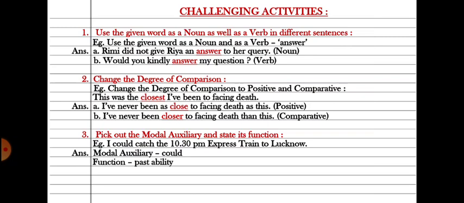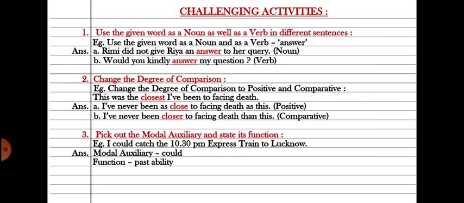The positive degree is used to state the existence of a quality. For example, smart. The comparative degree is used to compare between 2 items, groups, or persons.